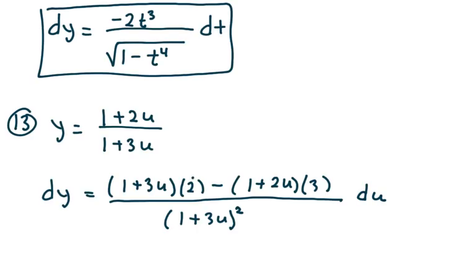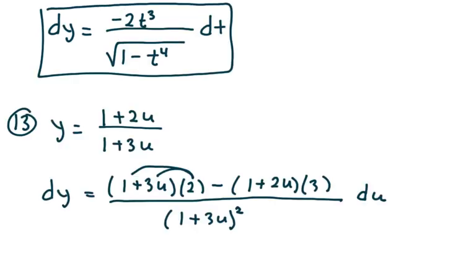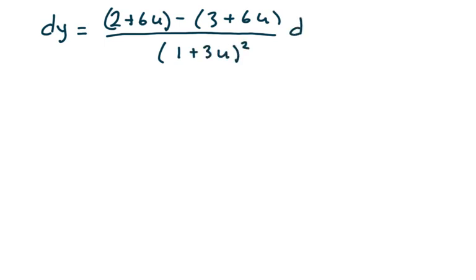So I'm going to distribute the 2 in, and so I get 2 plus 6u minus, and then I'm going to get 3 plus 6u for the numerator. And I'm going to divide by 1 plus 3u to the second du.